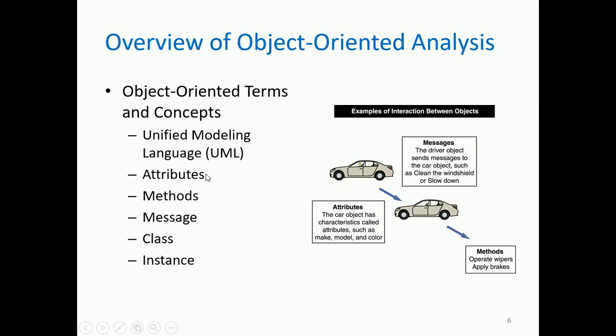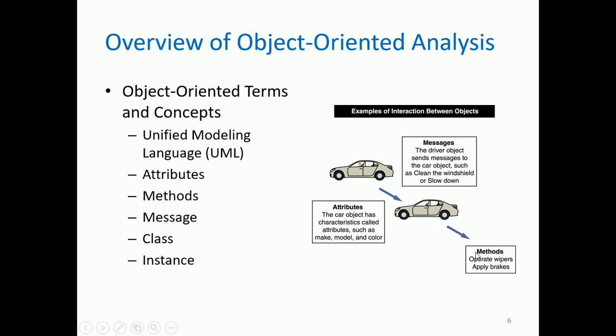Attributes are characteristics. Next, we have messages. In this situation, the driver object sends messages to the car object, such as clean the windshield or slow down. It's like a literal message.